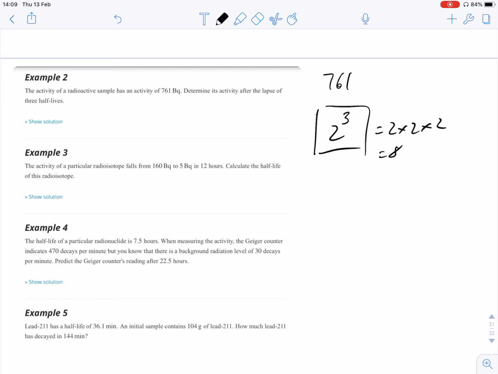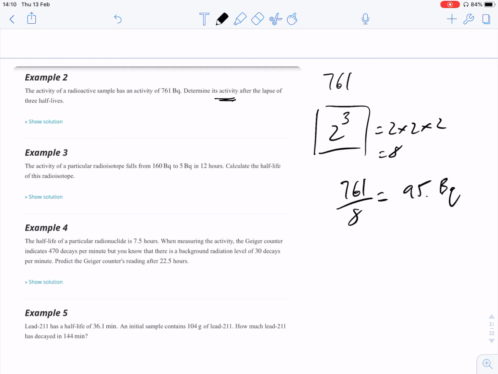So we're going to take 761 divided by 8, which is going to give us the activity, so how many decays per second it will have after 3 half-lives. Let's grab our calculator here. 761 over 8 looks like it's rounding off to about 95 becquerel.